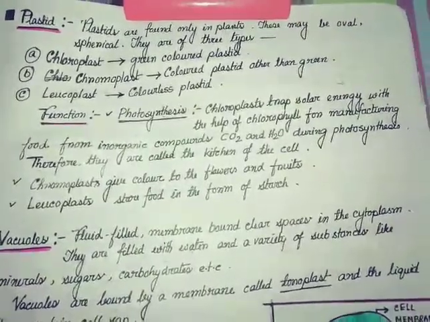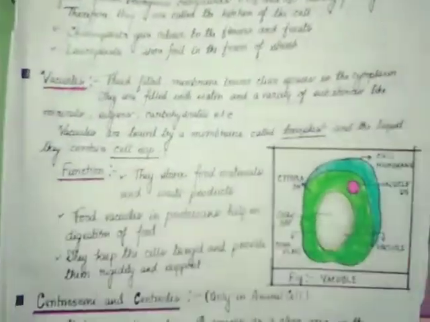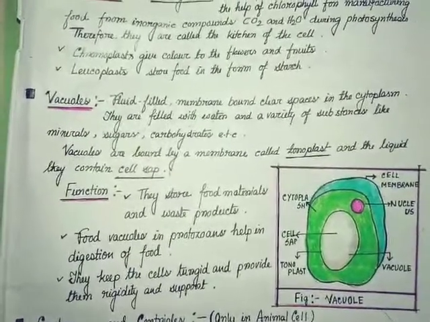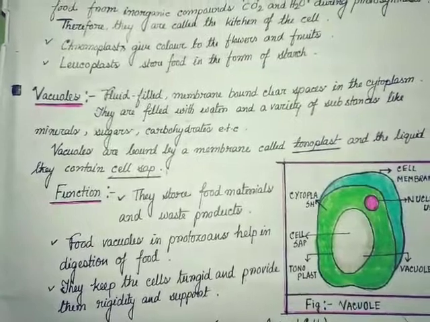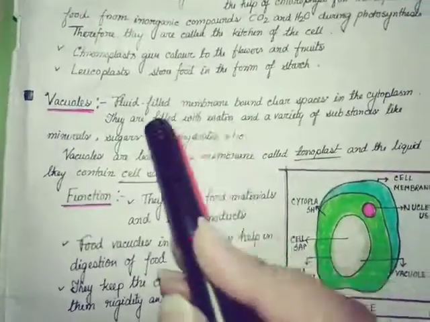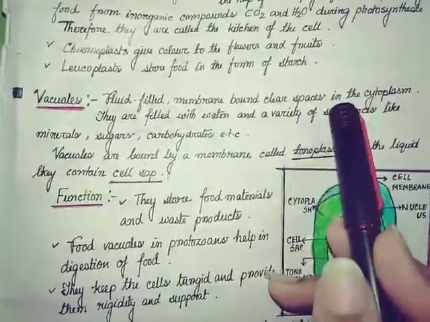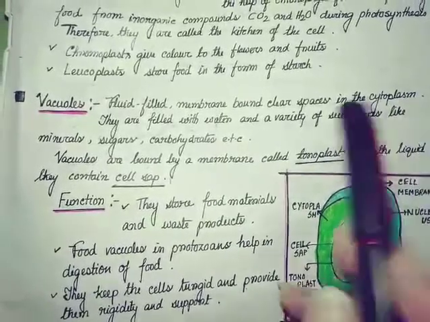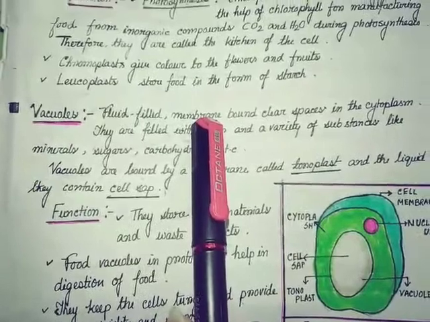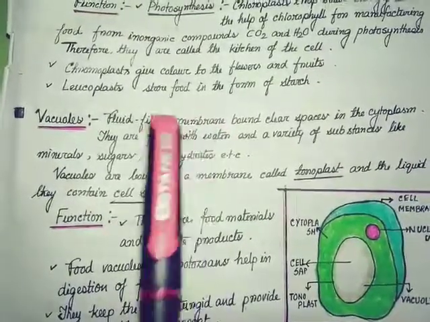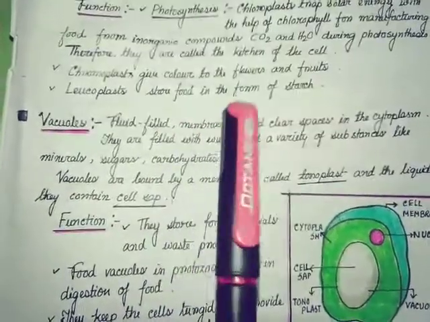Now the next one is also a cell organelle which is present only in the plant cell: vacuoles. Fluid fills membrane-bound clear spaces in the cytoplasm. So it is a membrane-bound cell organelle filled with a fluid-like substance called cell sap.